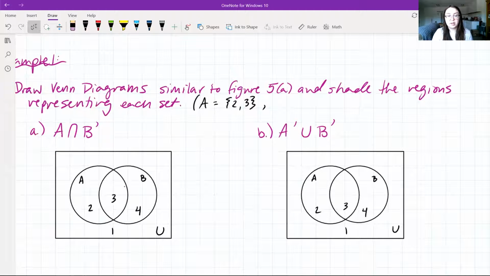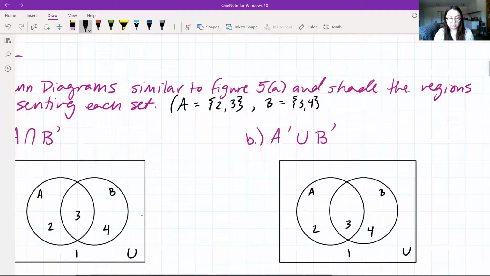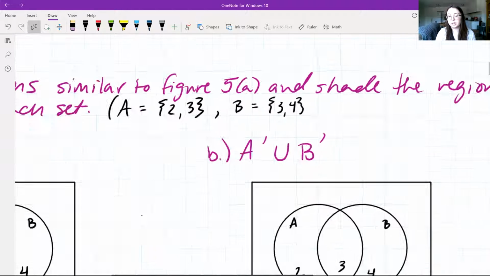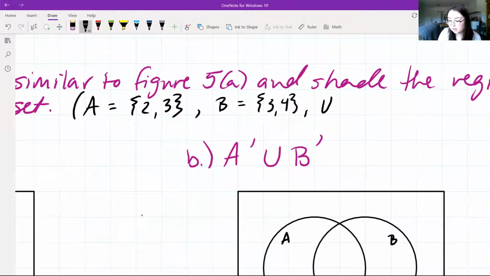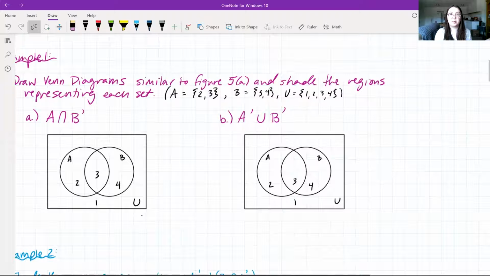Now let's find B. We do the same thing. This is B, here's our circle, and we have 3 and 4. Since we only have the numbers 1, 2, 3, and 4, our universal set is just 1, 2, 3, and 4. Those are all the numbers in our whole Venn diagram.